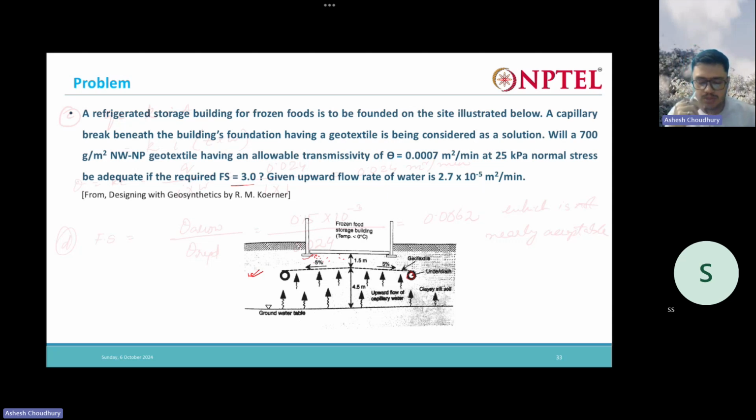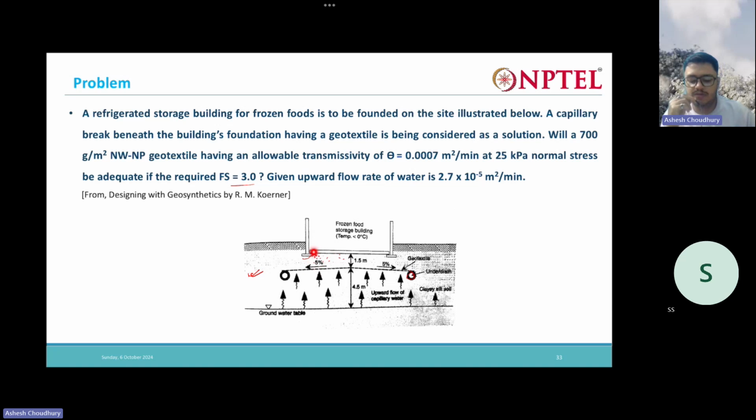Now this was one more question we have. Here we have a frozen food storage building, and it is seen that there is some capillary rise of water from the bottom to the top. What will happen if water rises and comes near the building? Since this is a frozen food storage building, the temperature in these regions is very low, and outside also the temperature is quite low.